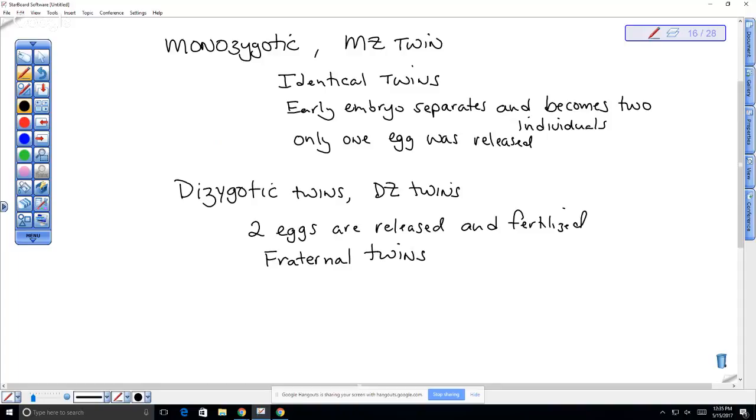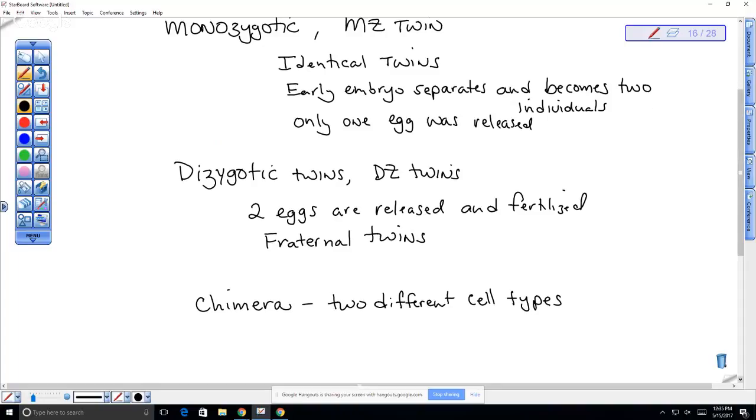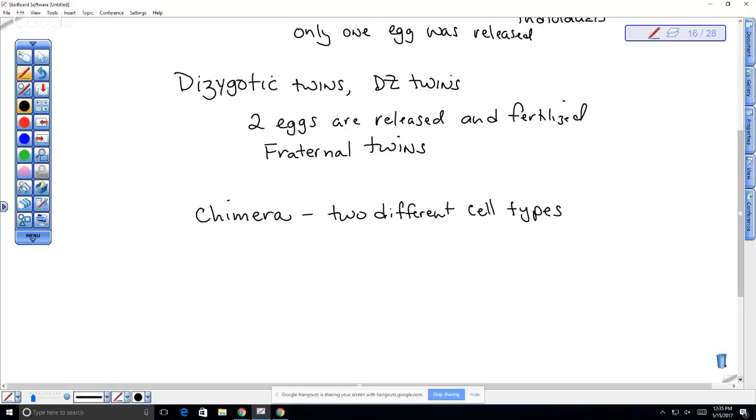Okay, so this is all pretty normal, but recently they've discovered something else very interesting can happen during early embryonic development, and this is called a chimera. Chimera means that you have 2 different cell types. So this can actually be due to the fusion of 2 embryos.